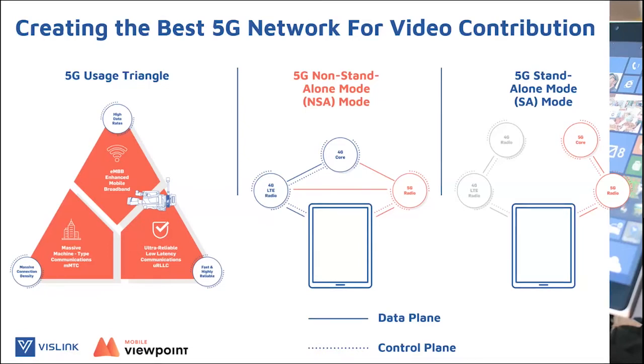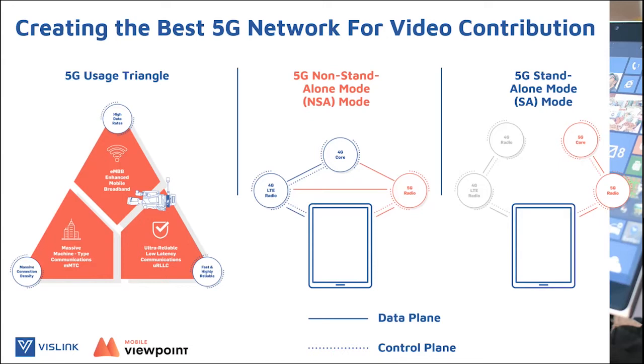Within 5G, I suspect many of you are familiar with how 5G is being deployed worldwide for public systems. And you may have seen the 5G triangle in terms of how you can optimize 5G, whether you optimize it towards maximum data throughput, maybe to deliver lots of video browsing on mobile devices, or maybe you optimize it to connect many hundreds, thousands, tens of thousands of devices into a 5G cell, maybe to enable the Internet of Things.